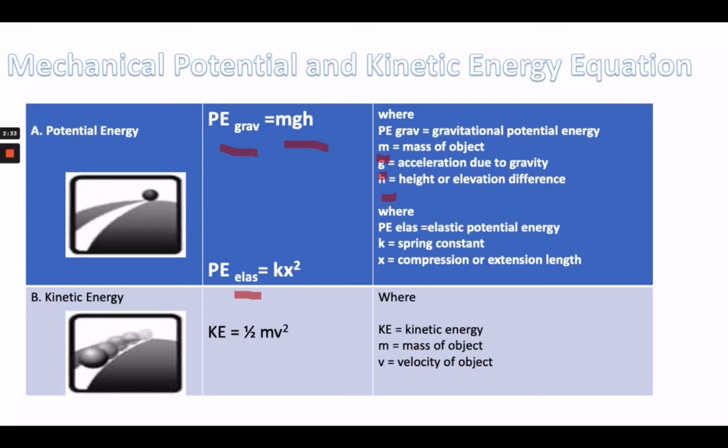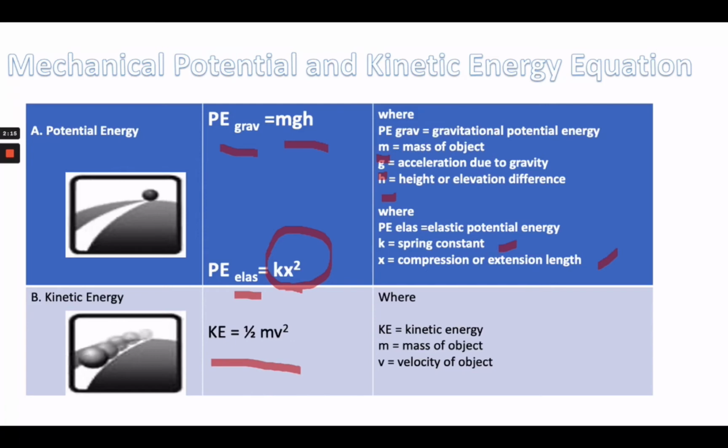And for the elastic potential energy, we have one half k x squared, where k is the spring constant and x stands for the compression or extension length.